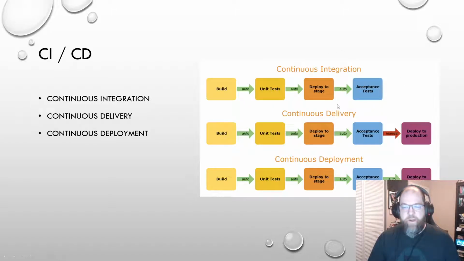With continuous delivery, we have it all ready to go, but maybe there's a manual gate to release it to production. Someone has to approve it, someone has to review it or click a button. When we get to a point where we have confidence in our unit tests, we have confidence in our acceptance test, we monitor logging and errors and failure rates and load testing all the way through, and once that quality gate is met all the way through, sometimes you can have deployments go all the way out to production.